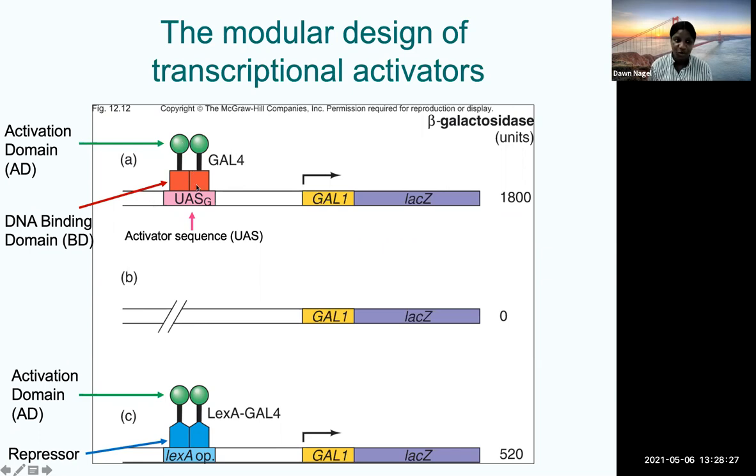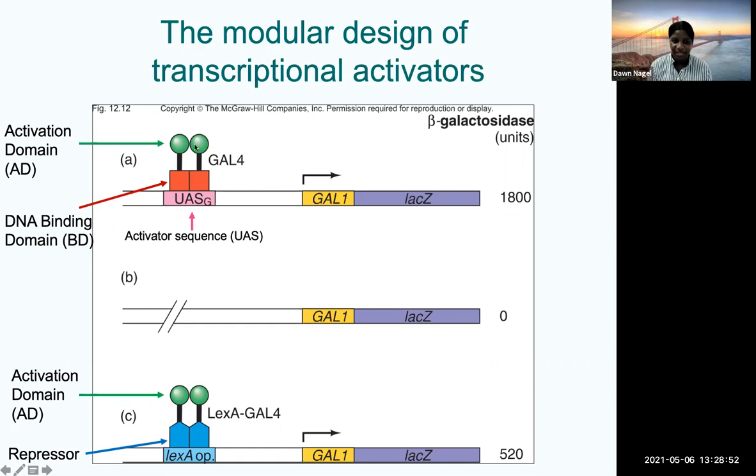The DNA binding domain is required because it needs to bind to a very specific sequence. And that's what's shown here, right? This is an activator sequence, the UAS. This is a promoter that is regulating your beta-galactosidase gene, right? Your favorite gene that you've been learning a lot about, driven by the galactose promoter, the GAL1 promoter.